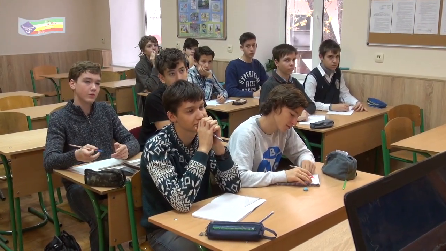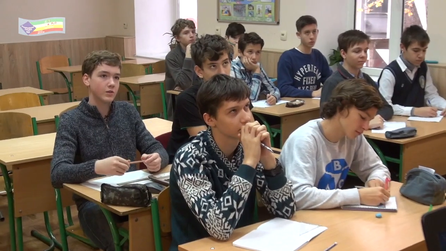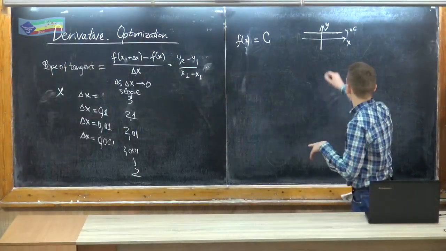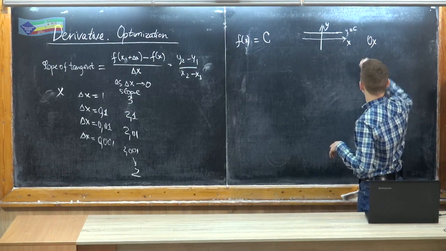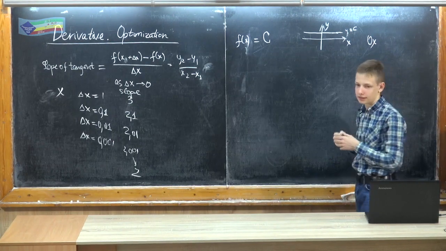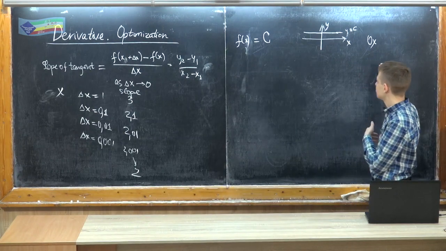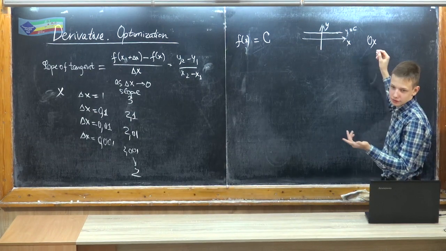If we draw the line, it doesn't touch the x line. So that means that the angle between the graph and the axis OX is equal to 0, right?